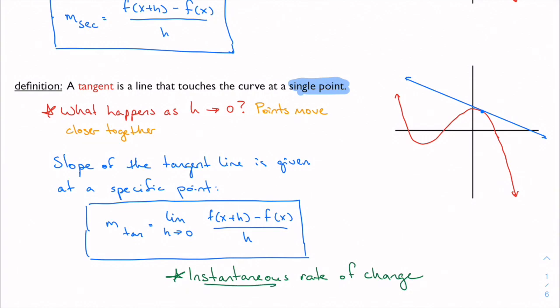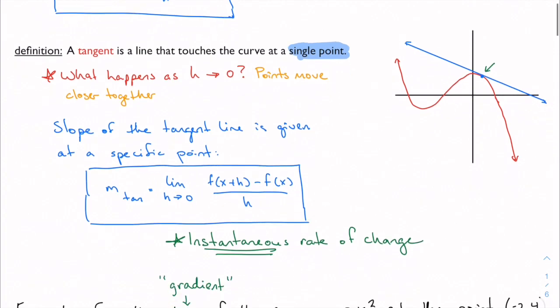Instantaneous rate of change at that specific point, right, at our specific point right here. What is the slope of the line at that point? Roughly, we can only approximate it so much because we only have one line, but that's what the limit's for, right? It looks like it's going to be this. I don't care what it really is. It looks like this is what the slope is going to be, so that's what we'll call it.